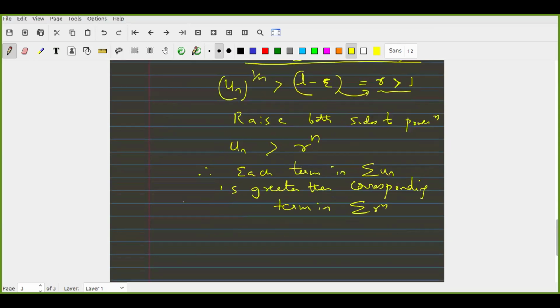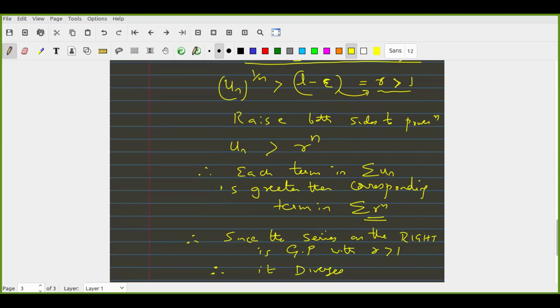Now you see, compared to the first case, here we have the common ratio r greater than 1. Therefore, since the series on the right is a GP with r greater than 1, it diverges.